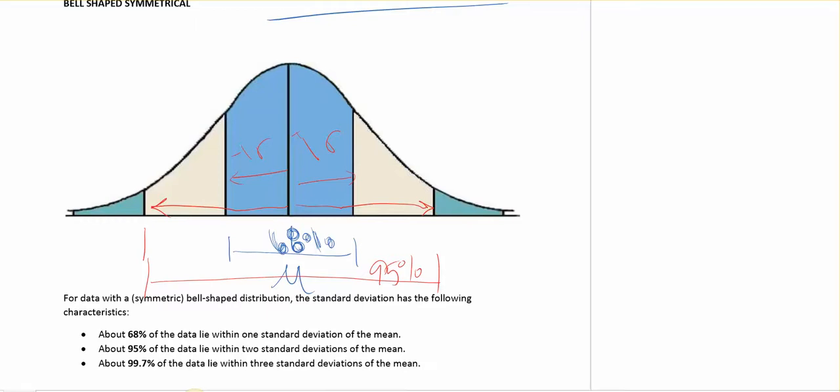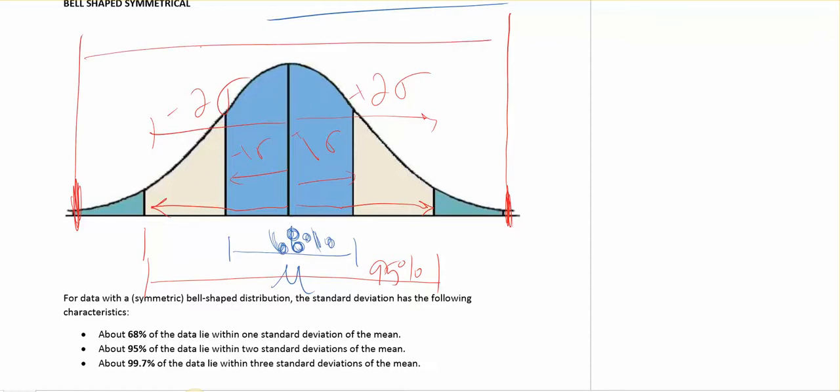Now you've gone 2 standard deviations, so plus 2 and minus 2 to get to that spot. Now if you go all the way to here, now you've moved 3 standard deviations in either direction, and we also are told that all the way from here to here is taking up 99.7% of the population. So that's like almost everybody, okay?